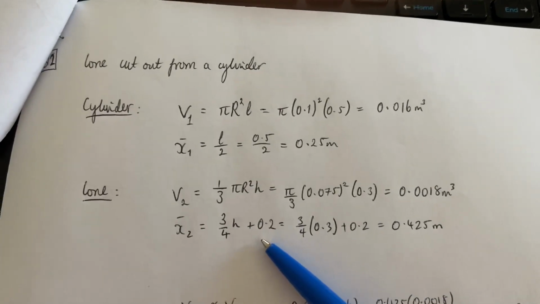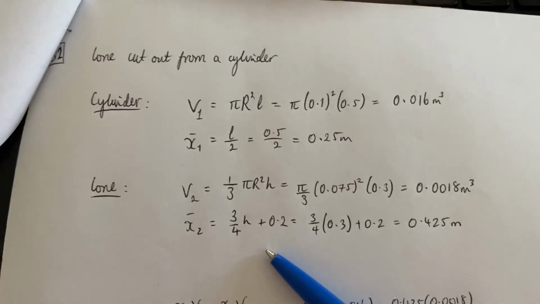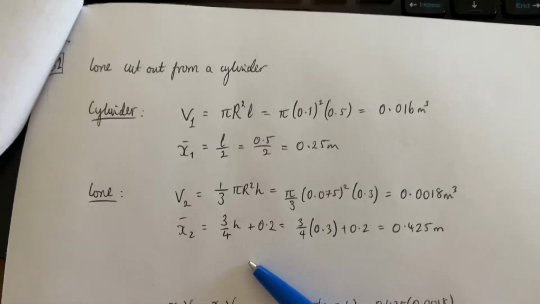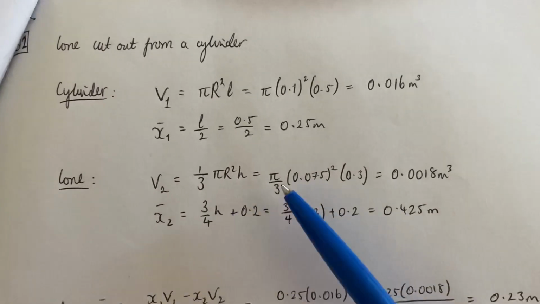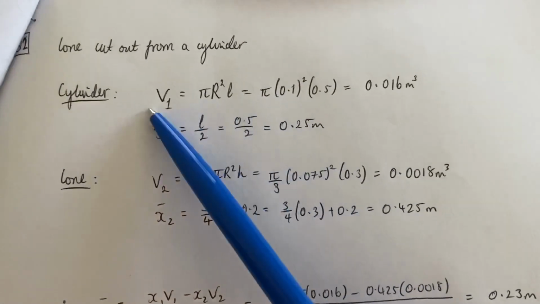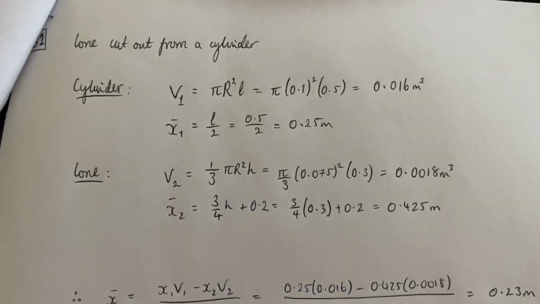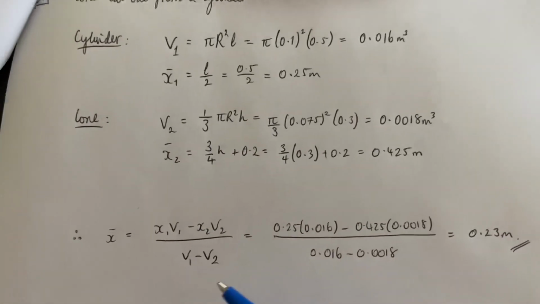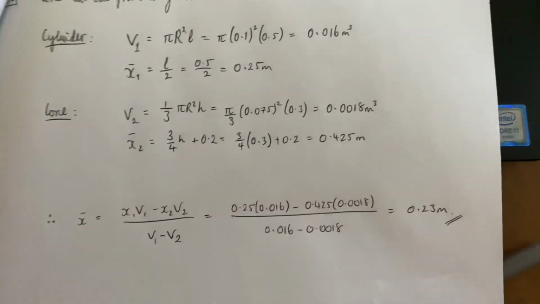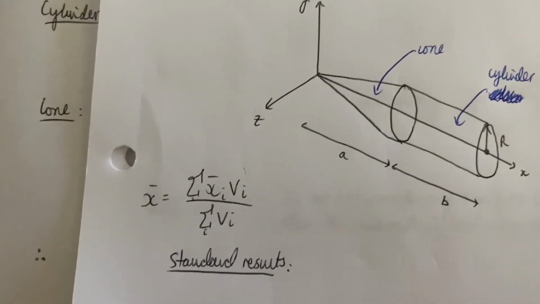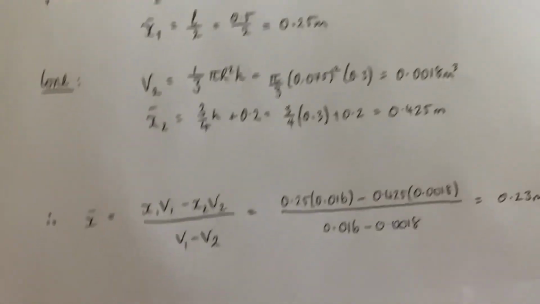A lot of people forgot about that and actually did the integrals, which is perfectly valid, but you could have saved yourself a little bit of work by just using the results in the textbook. Volume of a cylinder, x-coordinate of the centroid of a cylinder, same for the cone, and then plugging that into this equation, which, as I said, is similar to the one for compound shapes, apart from we take the difference of the shape that's been cut out of the main shape.